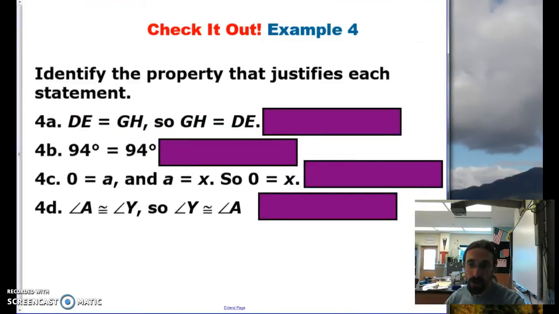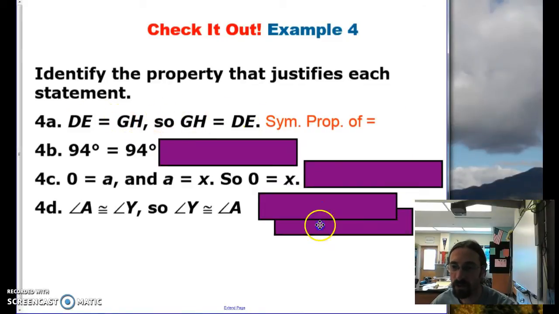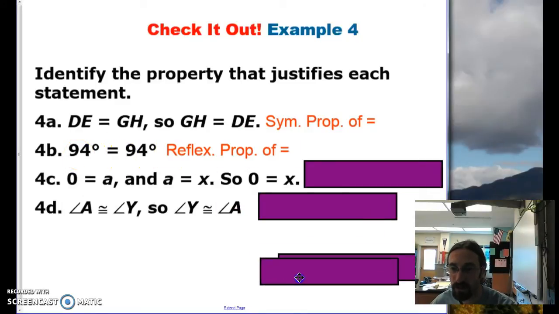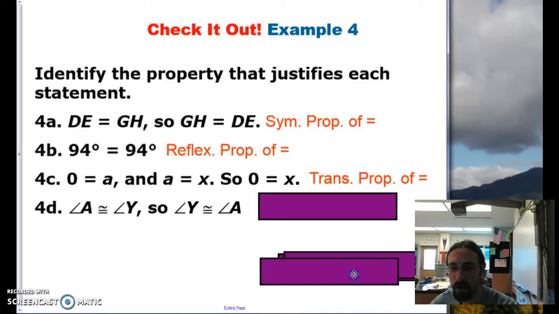Example 4 in the book says identify the property. So it just wants you to practice, hey, DE equals GH, so GH equals DE. Of course, that's symmetry. When you see one angle or measure equal to itself, that is reflexive. When you see 0 equals A, so anything dealing with 0, when you get back to that, is really like the identity property or transitive property.